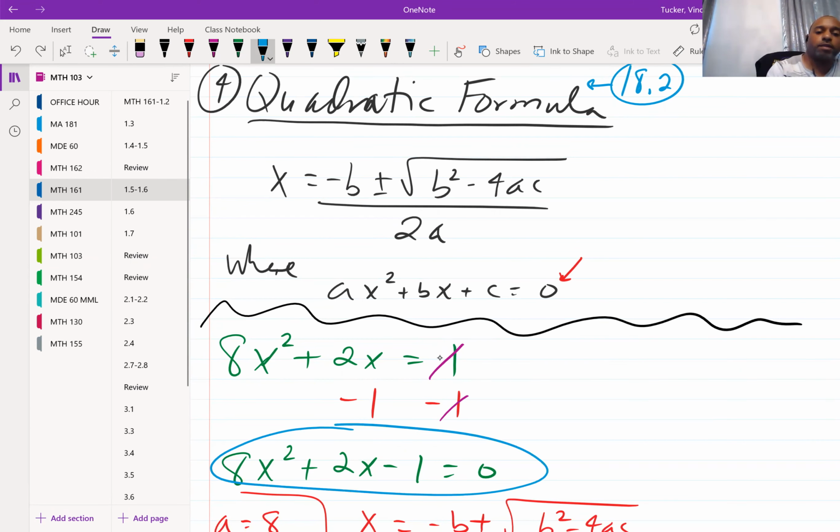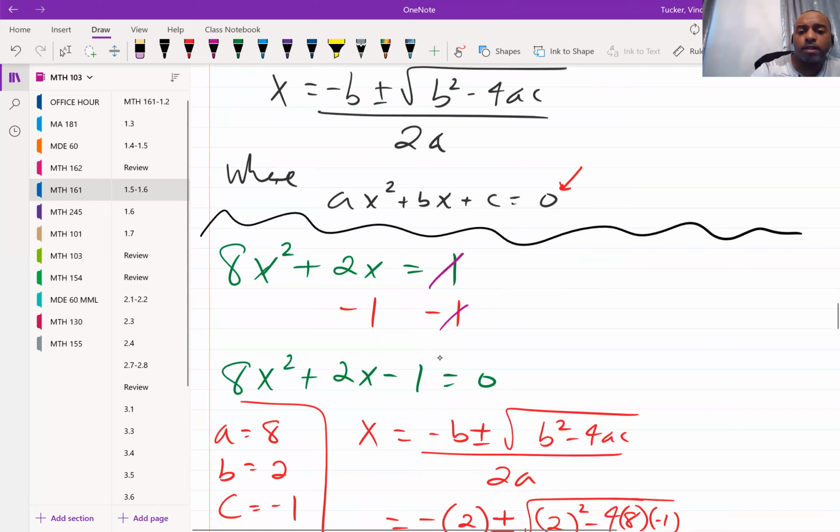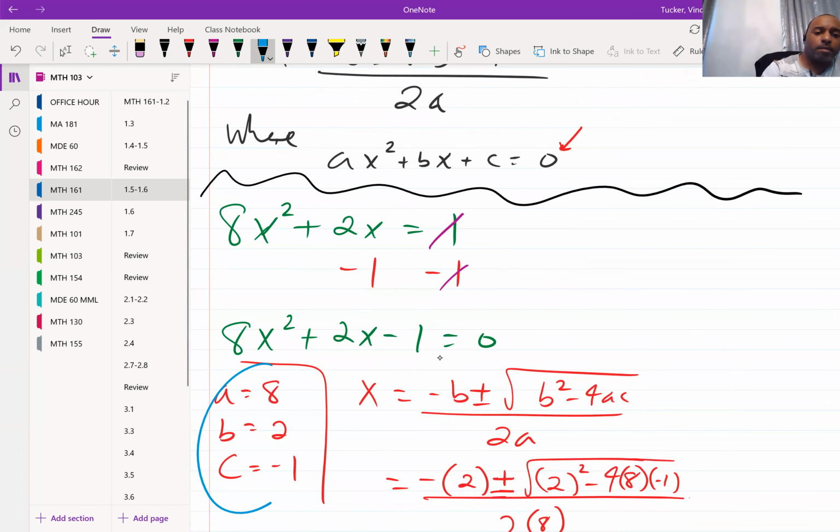And now we have 8x squared plus 2x minus 1 equal to 0. You can't pick out what a, b, and c are unless one side is first set equal to 0. Once you've done that, you can establish your variables and the numbers that go along with them. So a is going to be 8, b is going to be 2, and c is going to be -1.